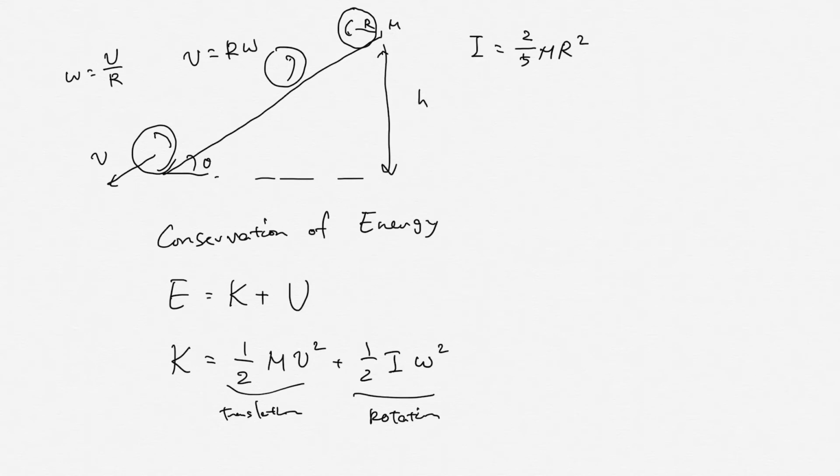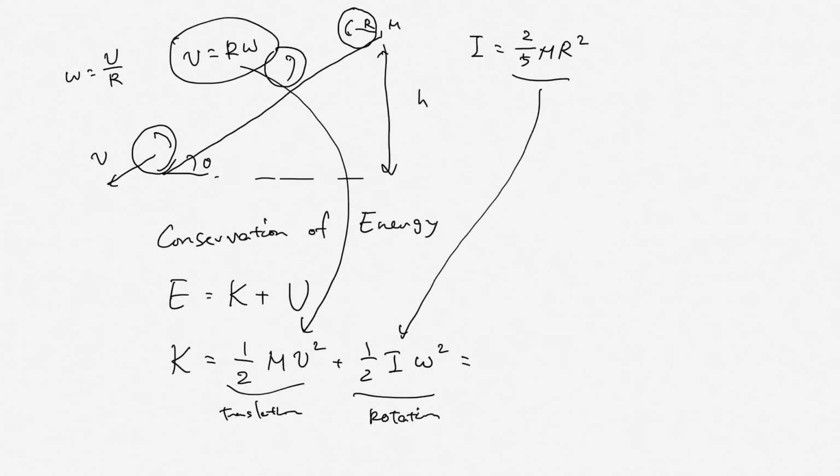Then we can use these expressions here. Then it becomes, and also I is here, 1/2 m r squared omega squared.